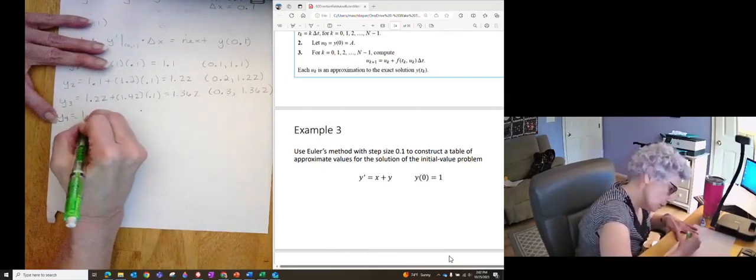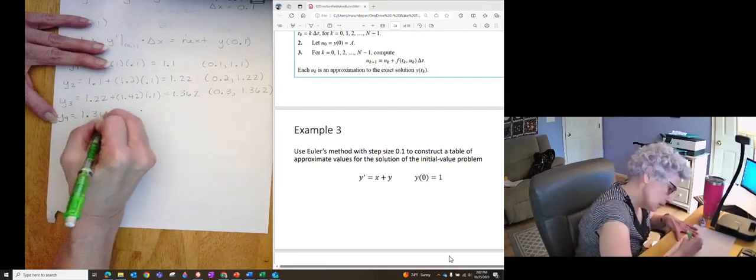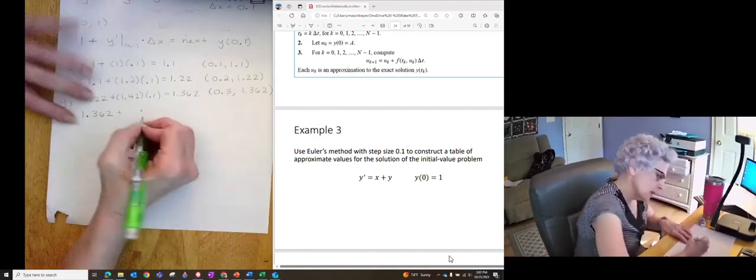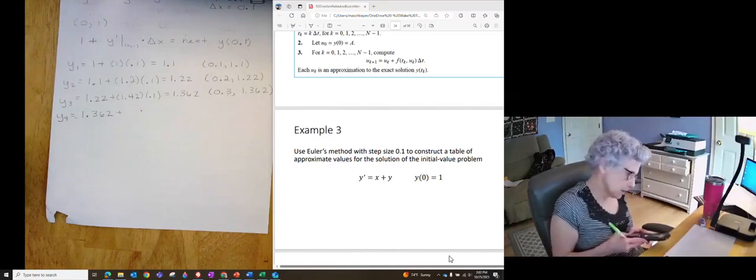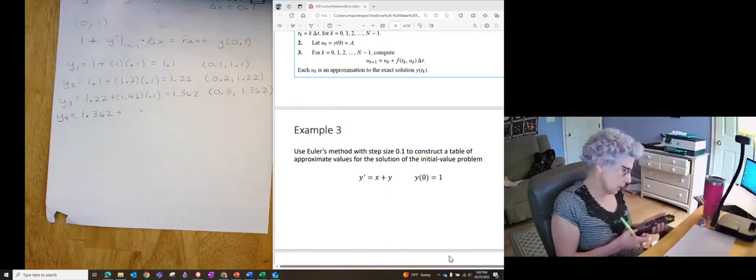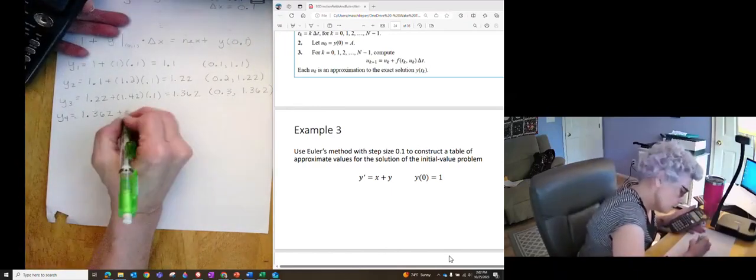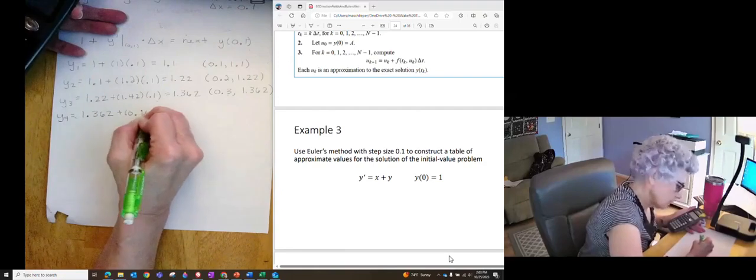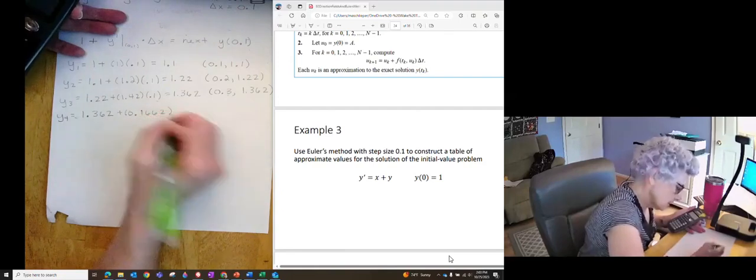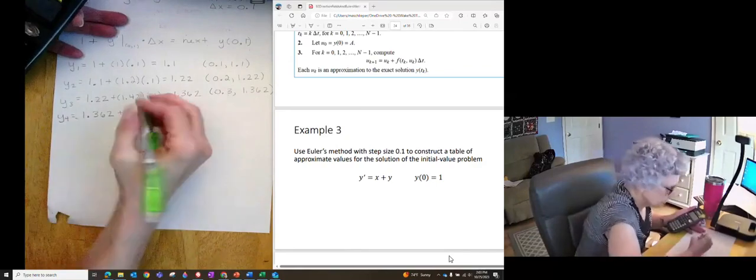I have y3, 1.362, plus my slope, so 1.362 plus 0.3 equals 1.662 times 0.1, 0.1662.